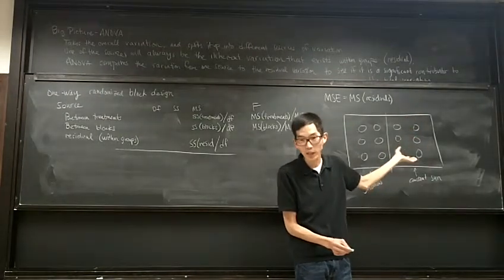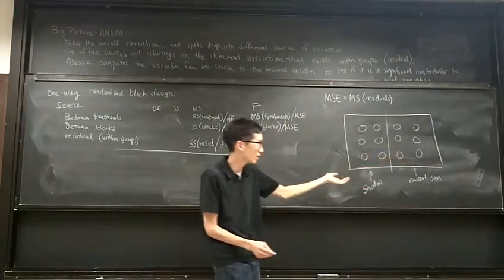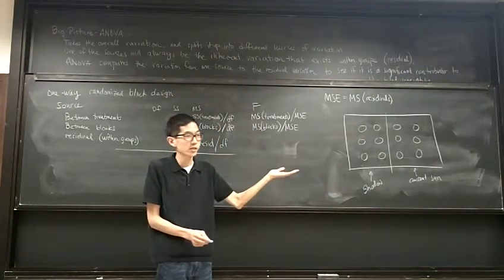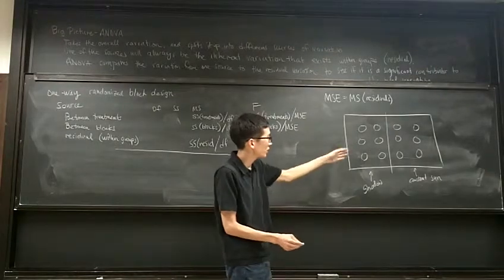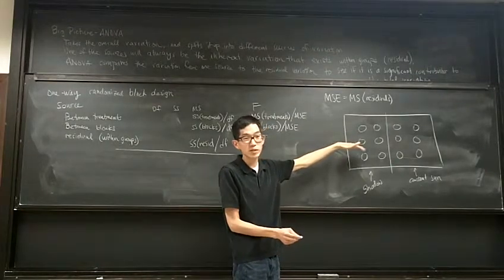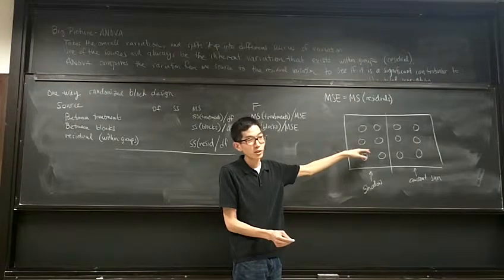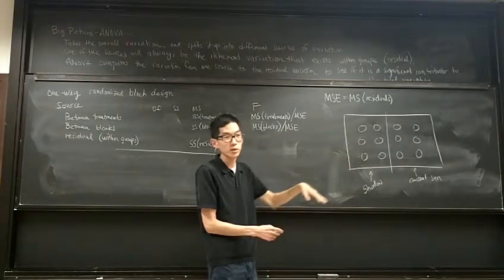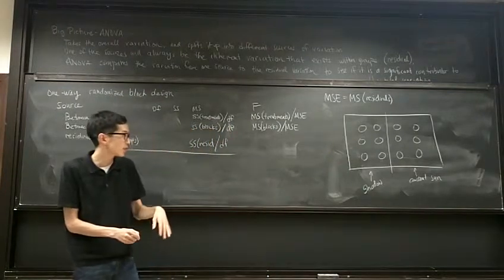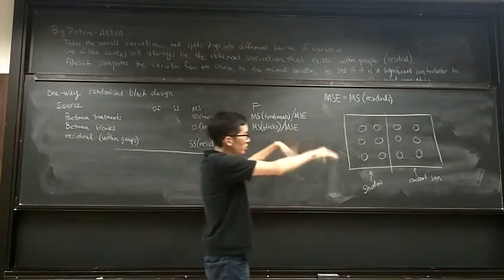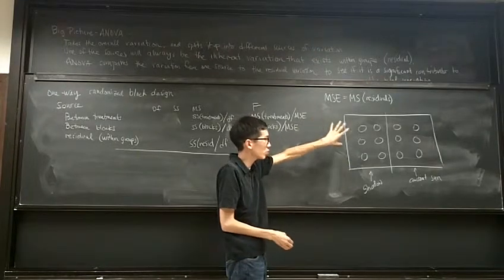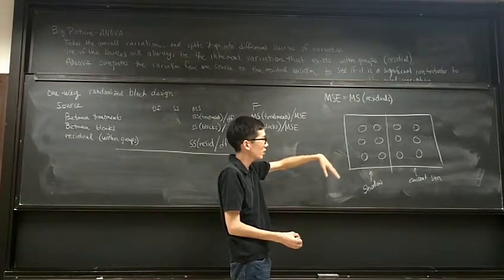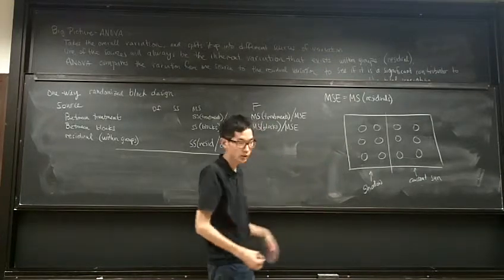Because if that happens, and I find out that the control group grows the least, I don't know if the reason the control group grew the least was because they were in the shadow or because they didn't receive any fertilizer. Does that make sense? So if there's something that we can't really control, or something that we just want to take into account, we set up our blocks in such a way that we can distinguish the two.